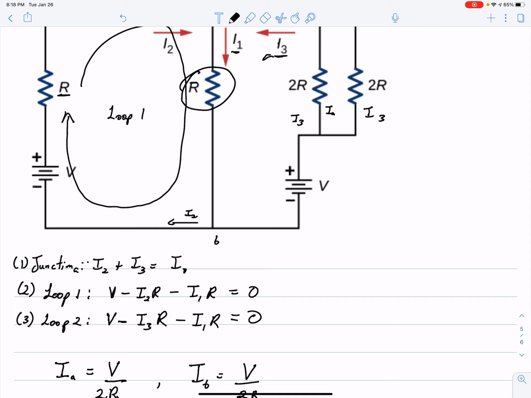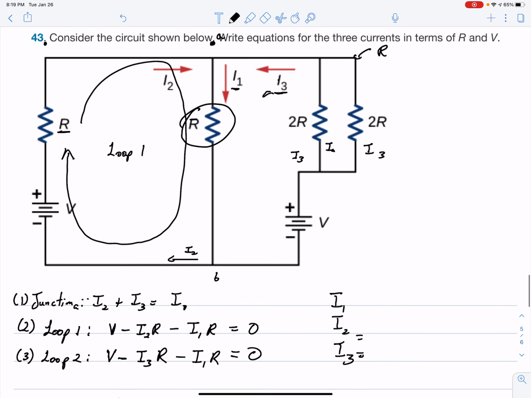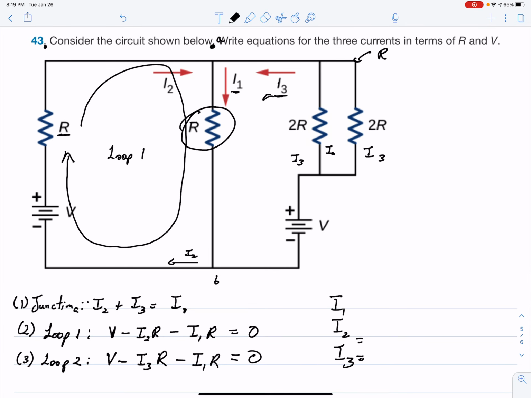So now, all you have to do is solve for the current, and you should be able to find it. You should be able to find I1, I2, and I3. Let me give you the answers for that so you can try it out yourself. I'm going to put it right here like this and see if you get the same answers. Okay?